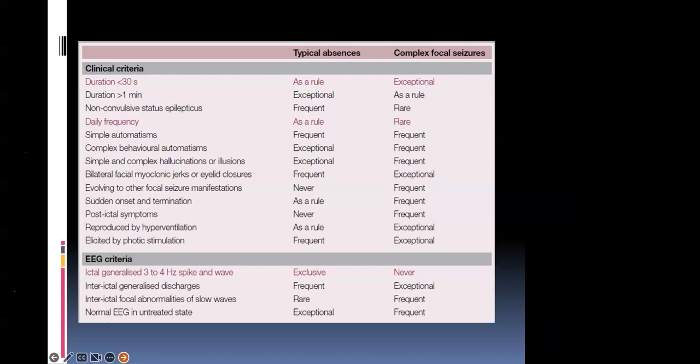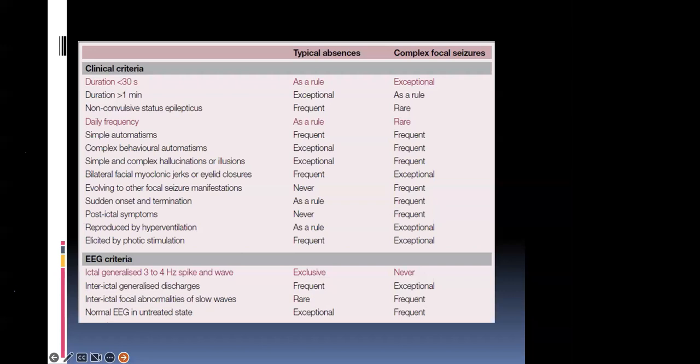So the difference between the typical absences and complex partial seizures is, one, the duration of the seizure. The duration is always less than 30 seconds in a typical absence, whereas a complex partial seizure normally lasts between 2 to 3 minutes. A duration of more than 1 minute is almost exceptional for a typical absence, and it is the rule for the complex partial seizure.